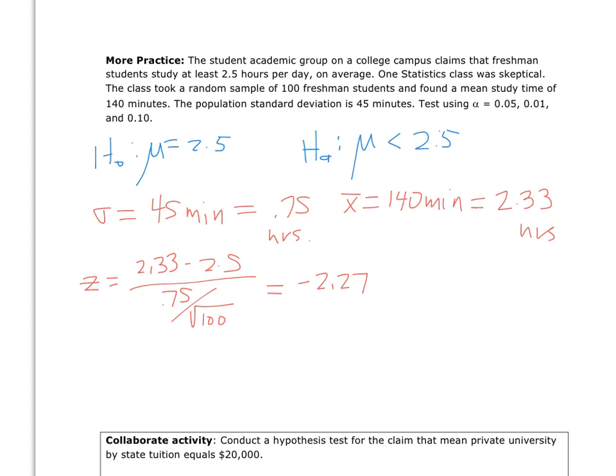Now the next step is to determine the p-value. All right, we've got a left-tailed test. There's our test statistic. We want this area for the p-value. Looking that up, we get 0.0116 as the p-value.